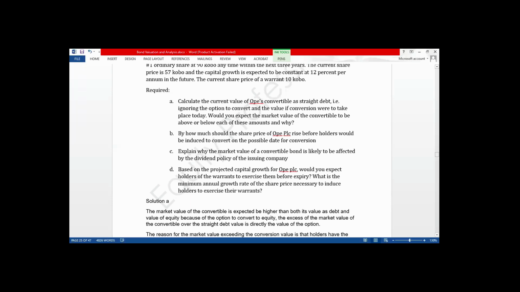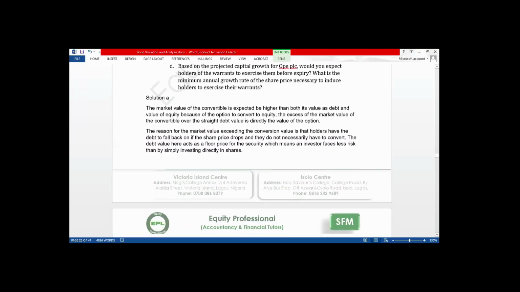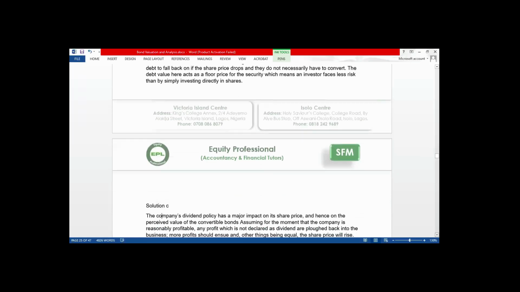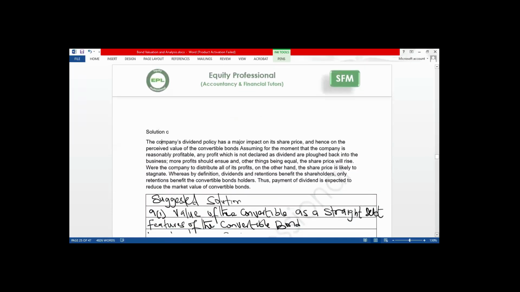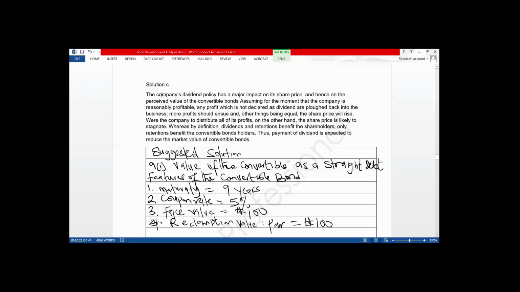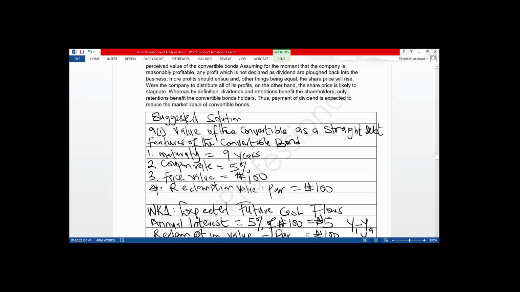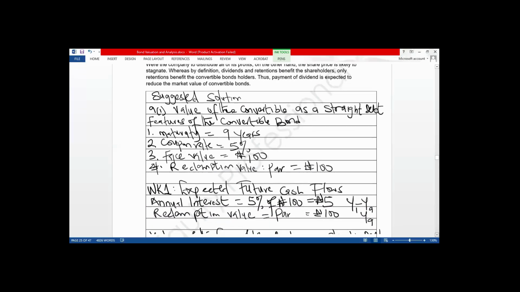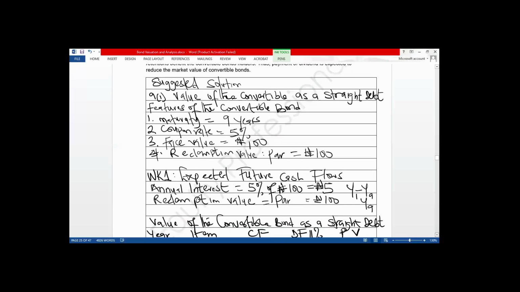As of today, the value of the convertible as a straight debt is 66 naira 79 kobo.